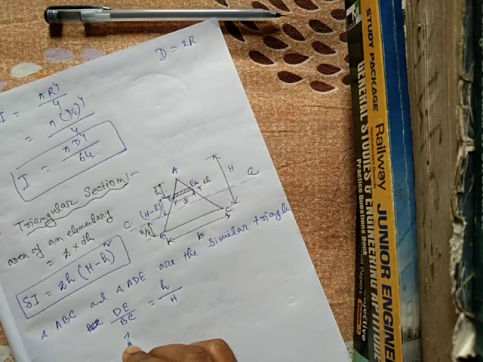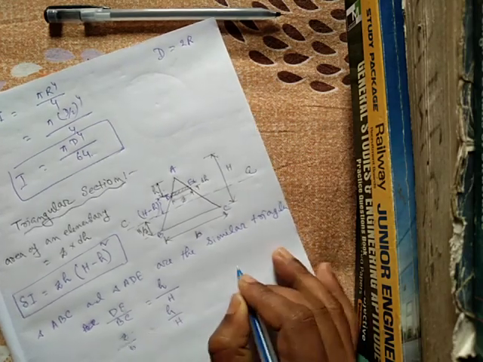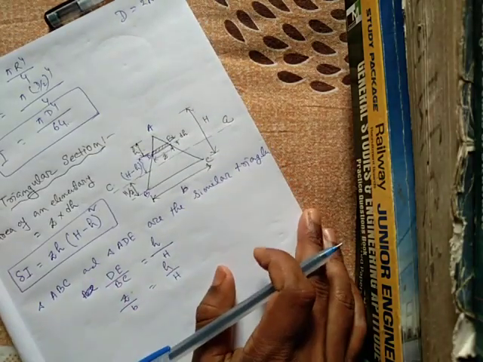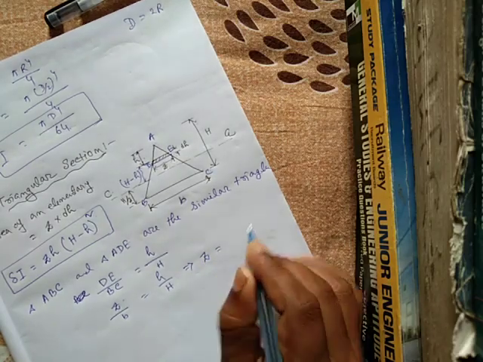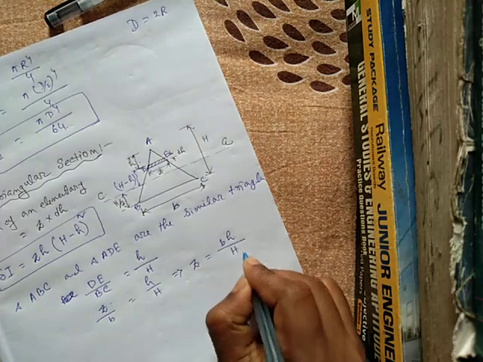So z divided by b equals h divided by H. Here we can find the value of z: z equals b into h divided by capital H.